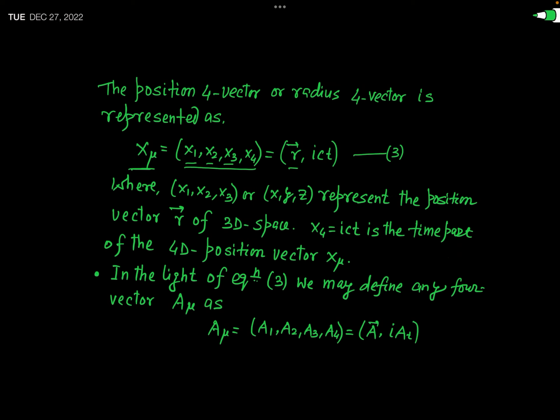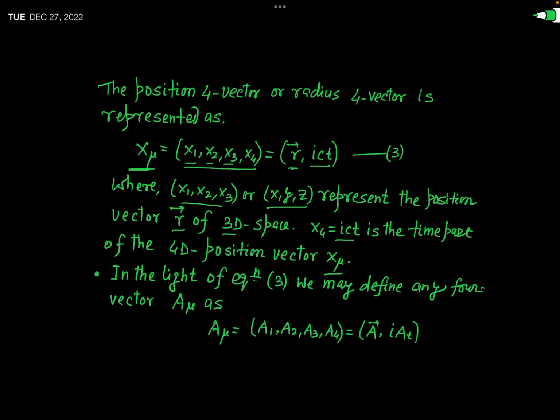The 4th component, x4, is equal to ict. You learnt this fact in the previous lecture. So x1, x2, x3, or simply x, y, z, represent the position vector r of 3D space, and x4, which is equal to ict, is the time part of the 4D position vector x mu.